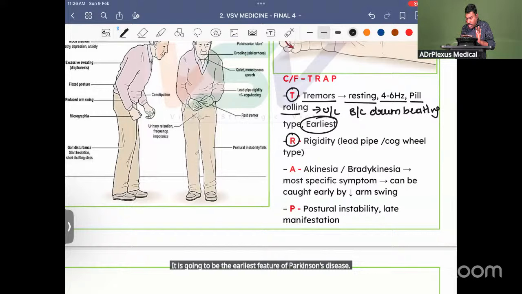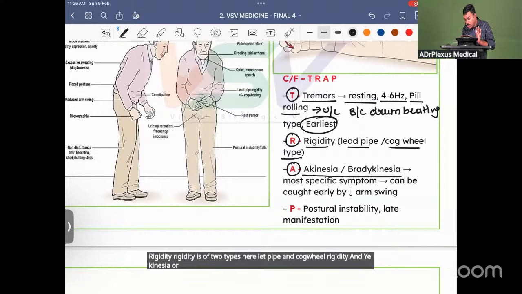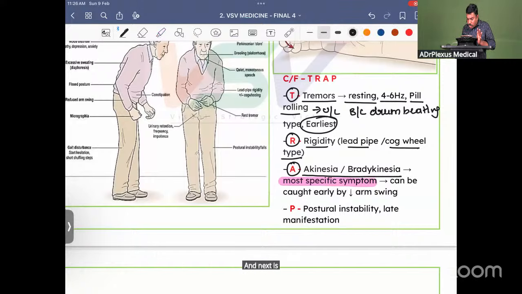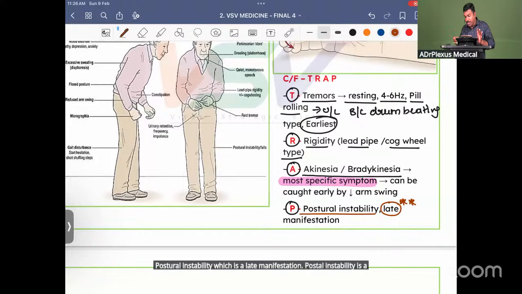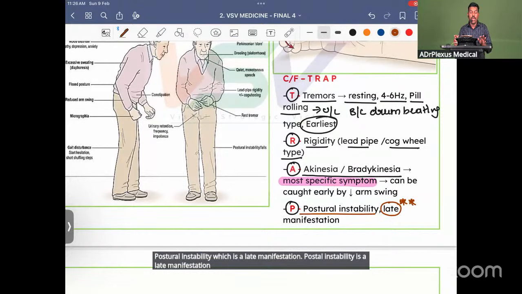Rigidity is of two types here, lead pipe and cogwheel rigidity. And akinesia or bradykinesia is the most characteristic feature. Next is postural instability, which is a late manifestation of your patient with Parkinsonism.